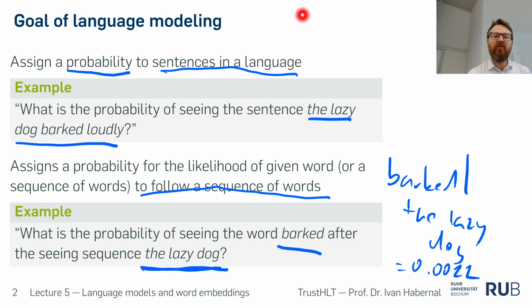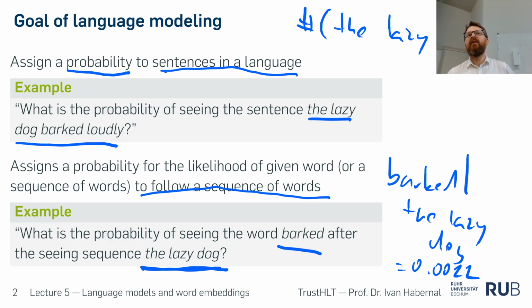You would count how many times we have the lazy dog barked, and what comes after. Okay, so you need some counts of the lazy dog, I get it, and then you need some counts of something else, like counts of which comes after.